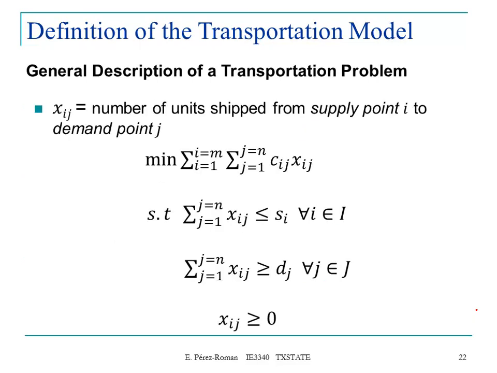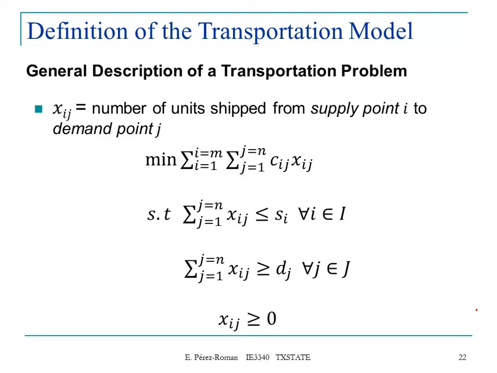So every transportation problem will have this structure. You have one decision variable, Xij. You have an objective function in which you are minimizing your cost, doing the summation of the cost times the decision variable.